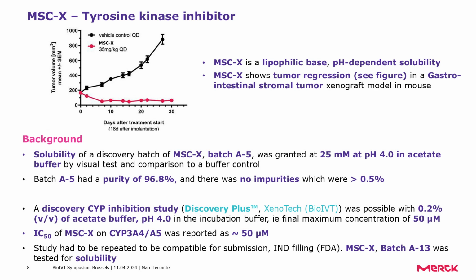So the solubility of a batch of the compound, batch 5, was granted at 25 millimolar. I told you it's a lipophilic base, so it is more soluble at acidic pH, and so we chose to use pH 4 acetate buffer, and that was the solubility limit, 25 millimolar.